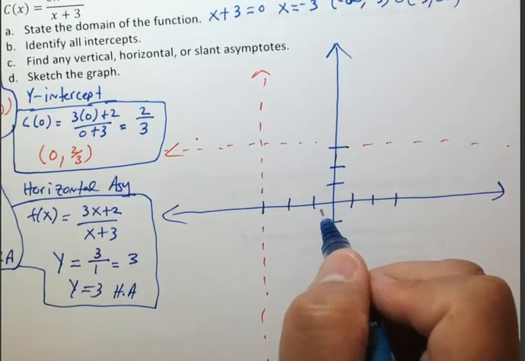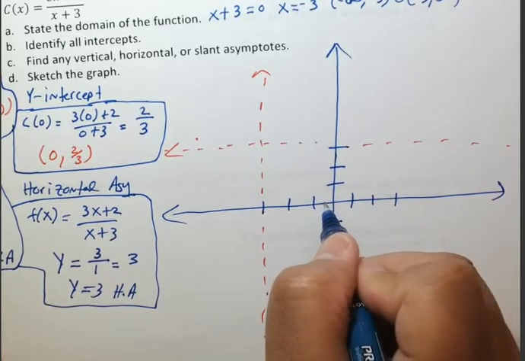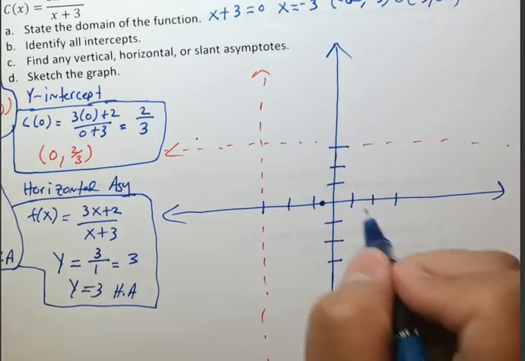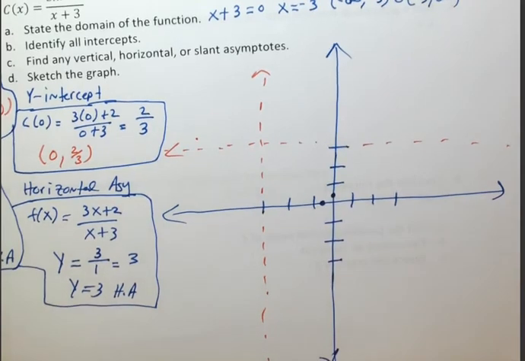So we can approximate it. So less than 1. So maybe like somewhere here. And what else do we know? The y-intercept is 0 and 2/3. So that's going to be like somewhere right here. So it's just an approximation. And then that's all they give us.